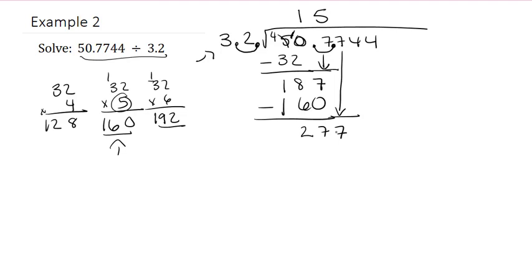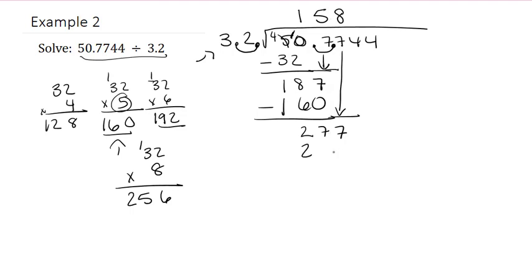So here we have 32 times 6 equals 192. So let's do 32 times 8 and see where that ends up. 2 times 8 is 16. Carry that 1. 3 times 8 is 24 plus 1 is 25, so 256. So now we go, 32 can go into 277 8 times.